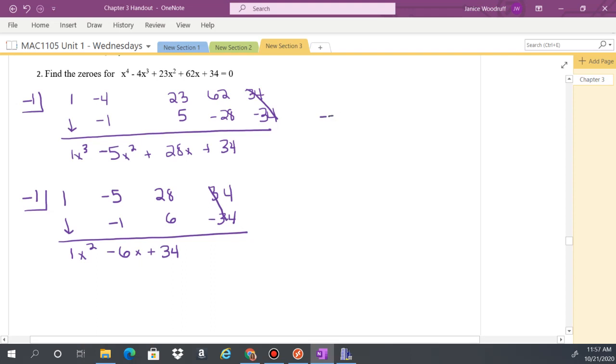So we'll have negative 6, positive 6, plus or minus. We're going to get negative 6 squared minus 4 times 1 times 34 over 2 times 1.